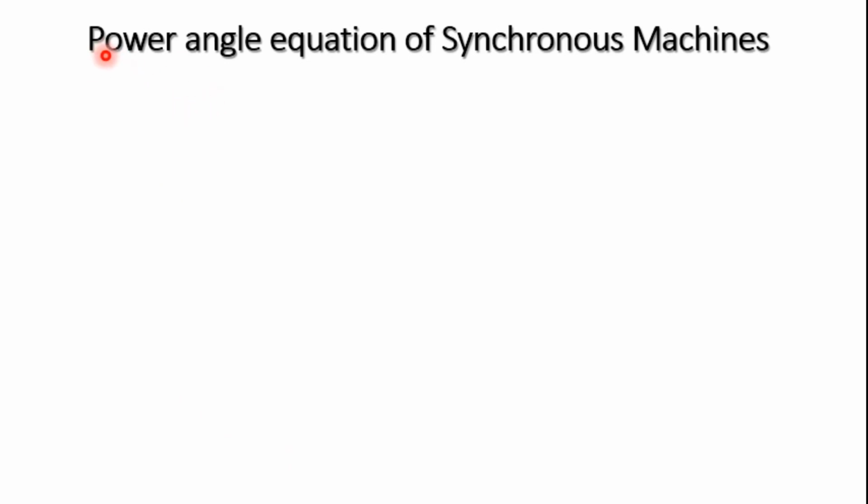The next concept is the power angle equation of the synchronous machine. The fundamental factor in rotor angle stability is the manner in which the power output of the synchronous machine varies as its rotor angle changes.